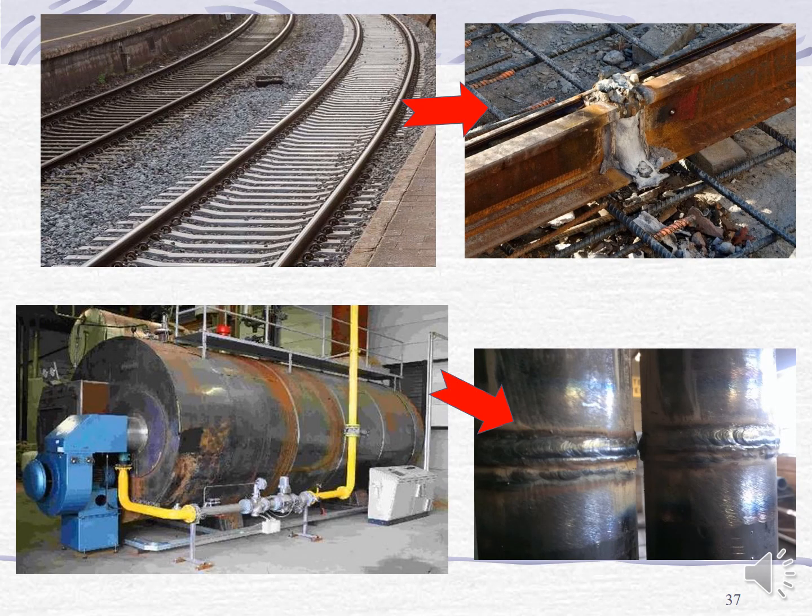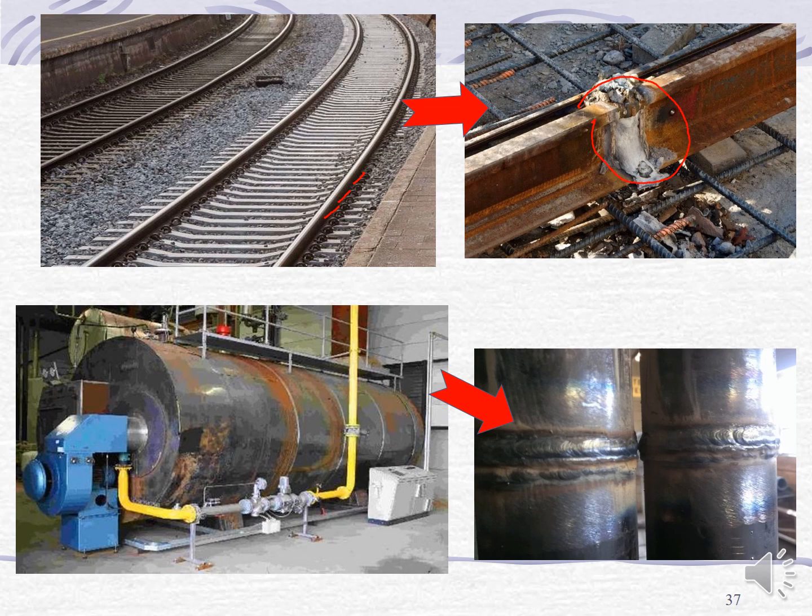These are examples of welding products. This is a railway track. In order to combine one metal piece with another metal piece, we need to have this welding process.